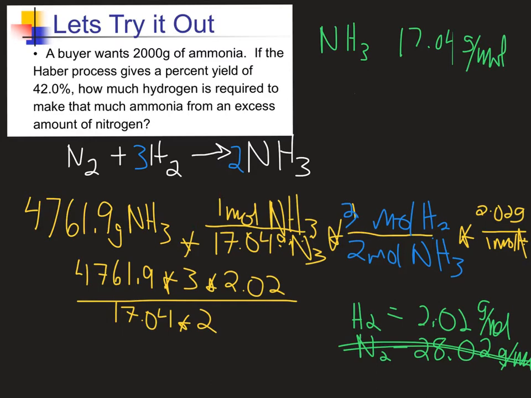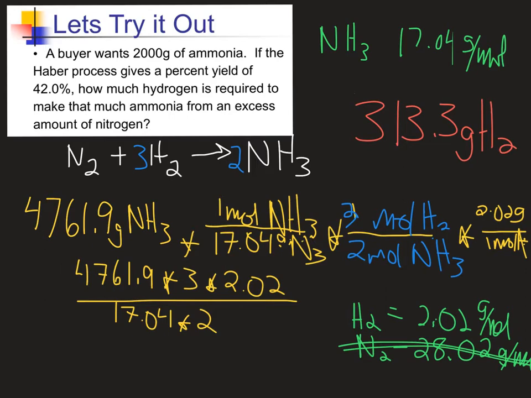With that calculation, I end up with a value of, I'll write it in a different color, 313.3 grams of hydrogen.